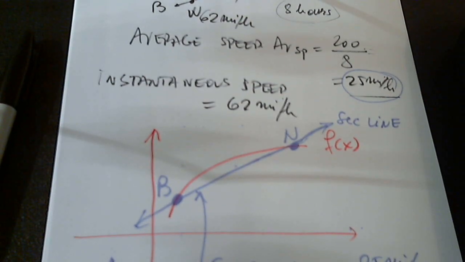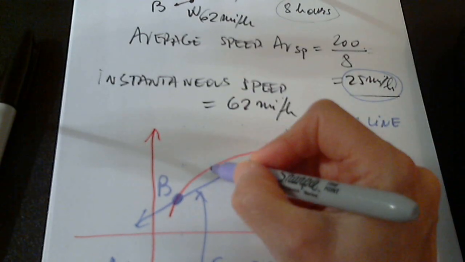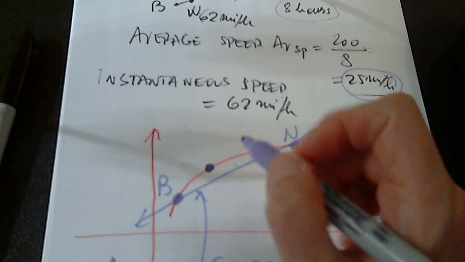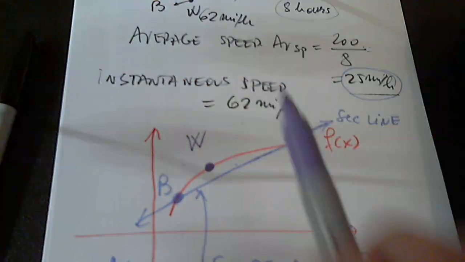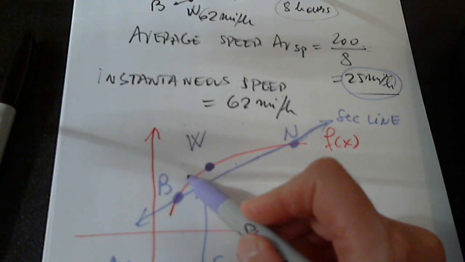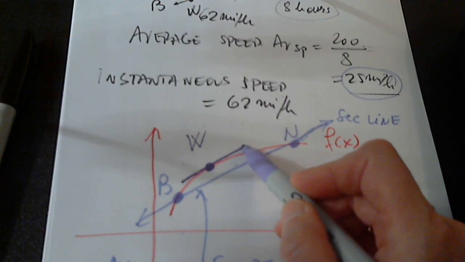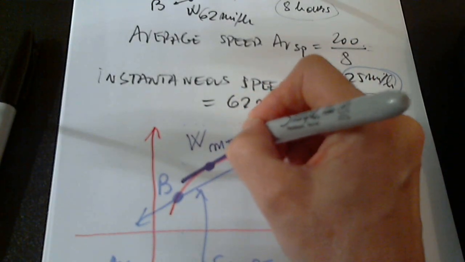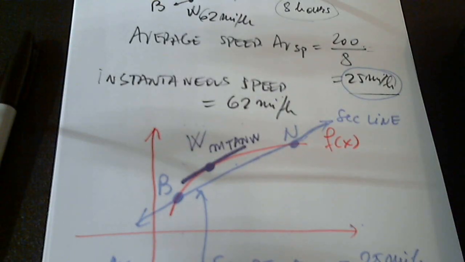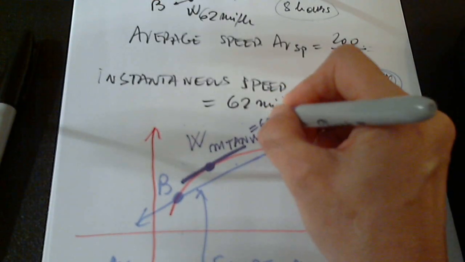Okay. So then what is the 62 miles an hour? Somewhere, let's say here it's Wilmington, and that speed is nothing else but the slope of this line, which is the slope of the tangent line at W. This is the 62 miles per hour.